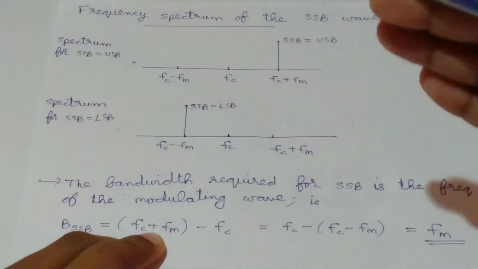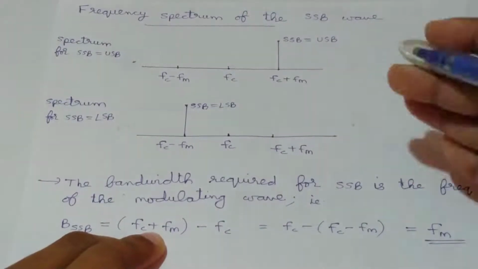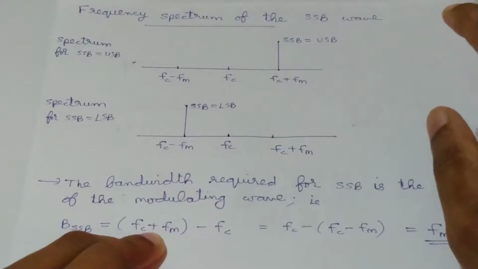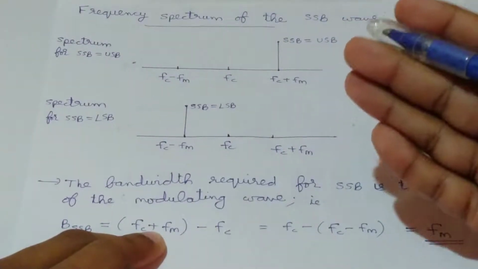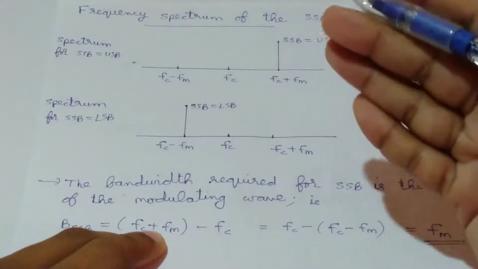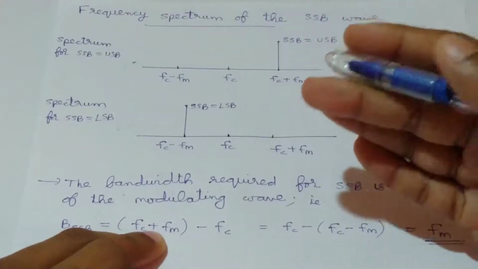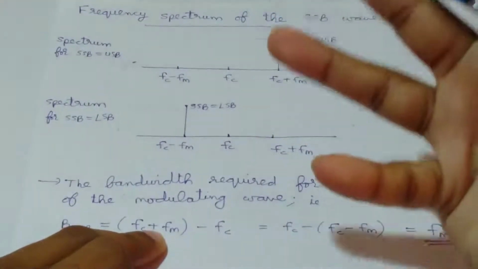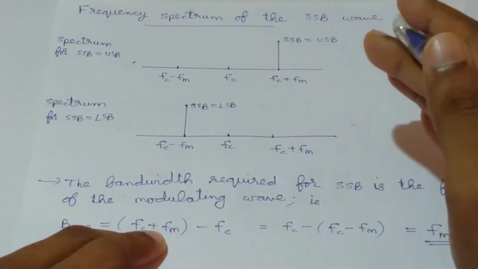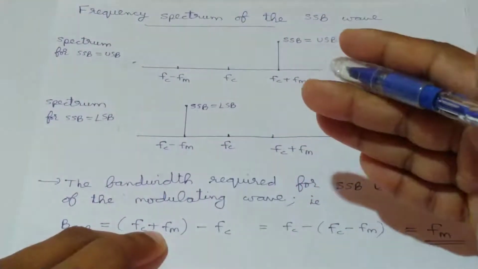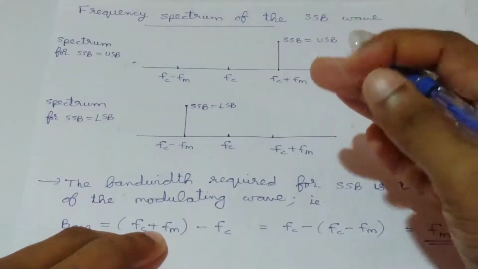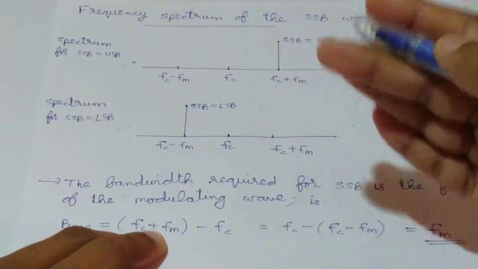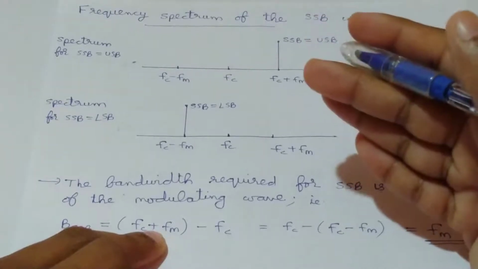Then the question that arises here is, why not use only this single sideband technique? Because when we consider basic amplitude modulation and DSB-SC, the bandwidth and power requirements are more. So why not use only single sideband, which has lower power and bandwidth requirements? The answer is the same as in the case of the existence of AM even after the development of double sideband suppressed carrier.